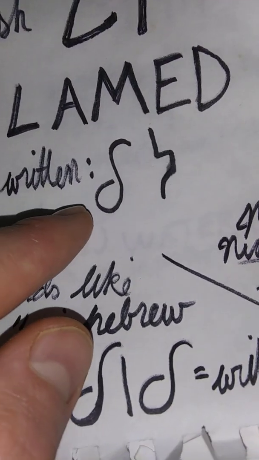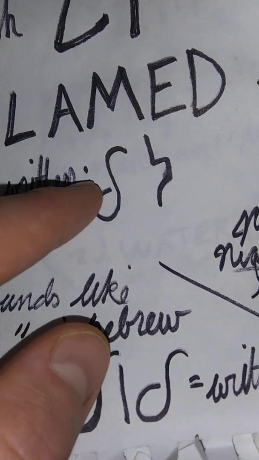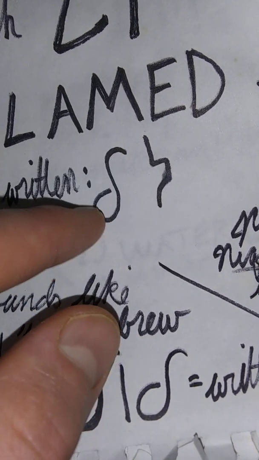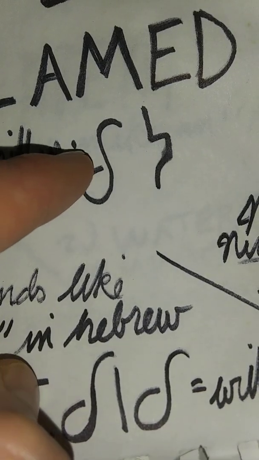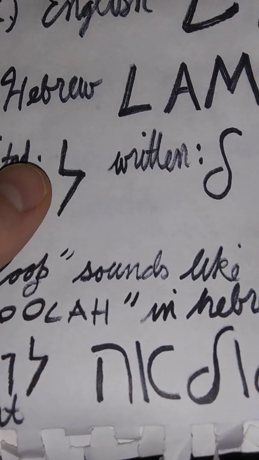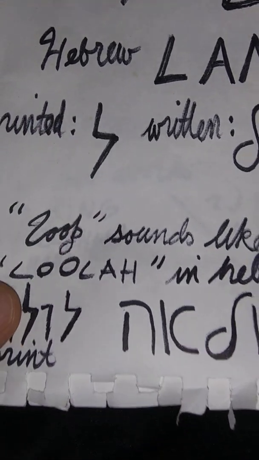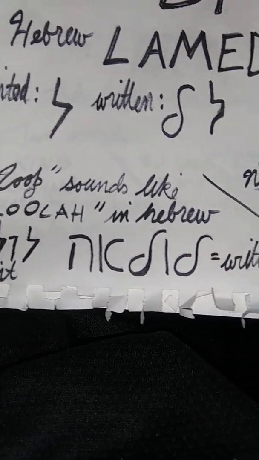Then we have our written, looks kind of like a fancy, odd looking S. It almost looks like an 8, like the number 8 missing part of it. So anyway, that's the written form; lamed can look like both of those. Then printed, it's a little more straight, apparently.